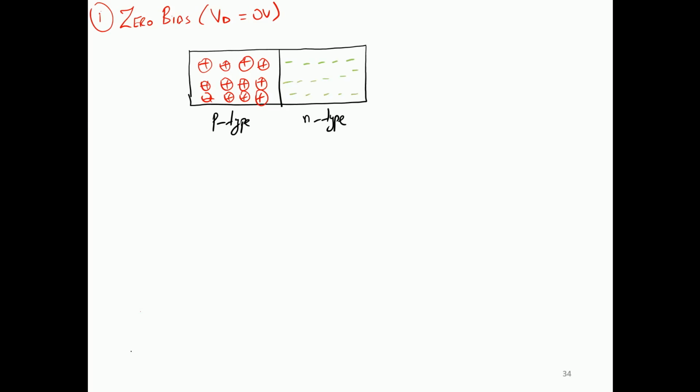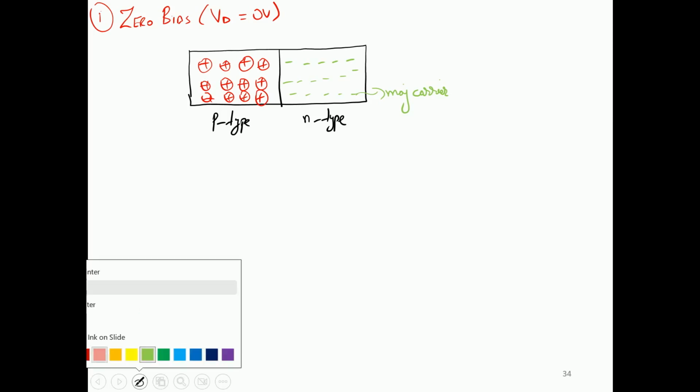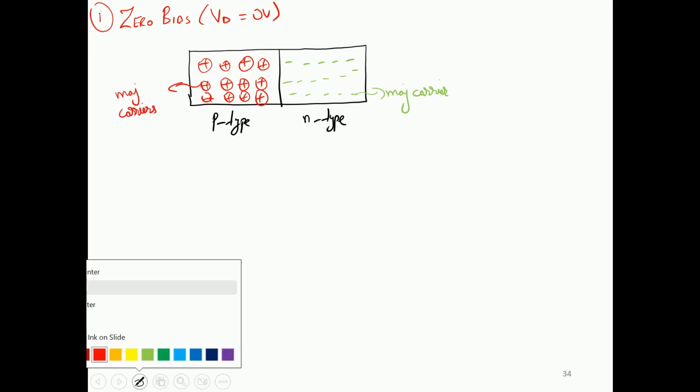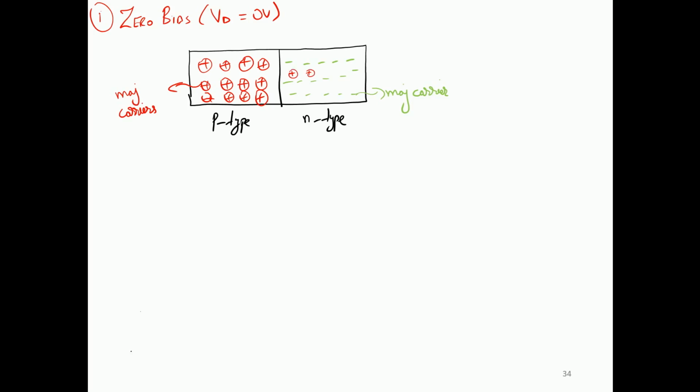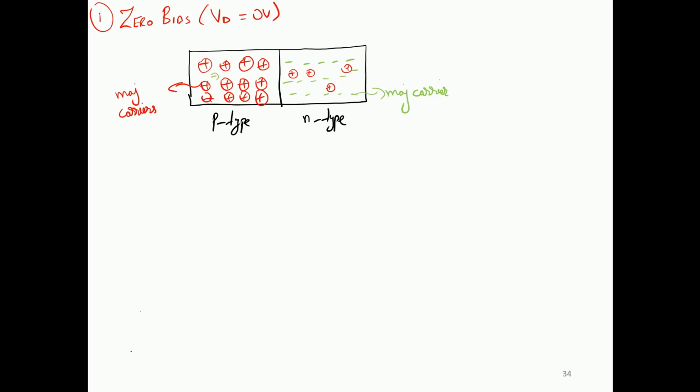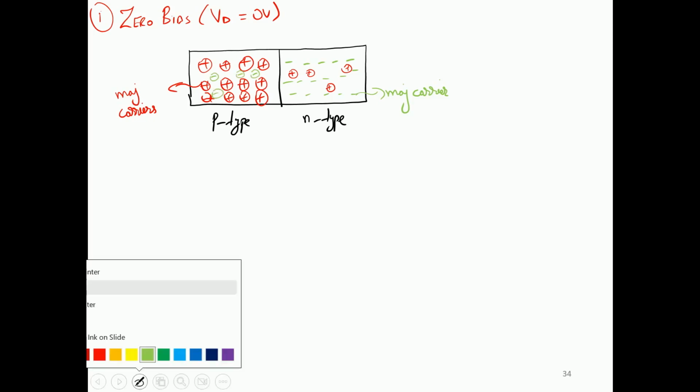So these are the majority carriers on the n side, and for the p side you have holes as the majority carriers, and minority carriers are there. For the n-type material, minority carriers will be holes, so I'll make them small and limited, and for the p-type, electrons will be in minority. Okay, so this is what we have.